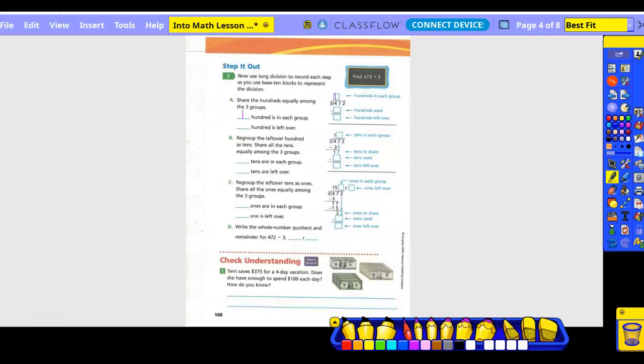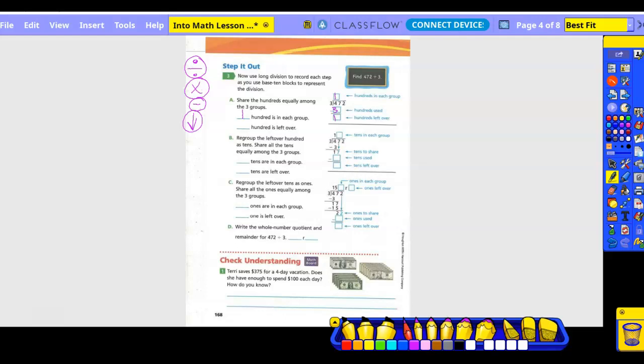Okay, real quick, what I want you guys to do is let's write our steps over to the side. Divide, multiply, subtract, bring down. So we just did our dividing. Now we're going to do what? Multiply. So 3 times 1 is 3. And then now I can do my subtracting. So 4 minus 3 is 1.